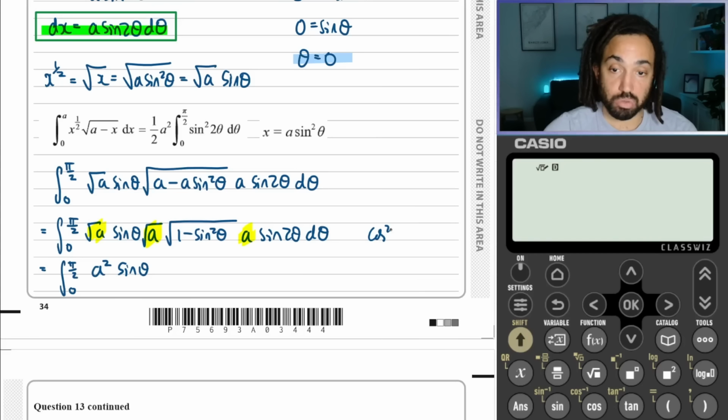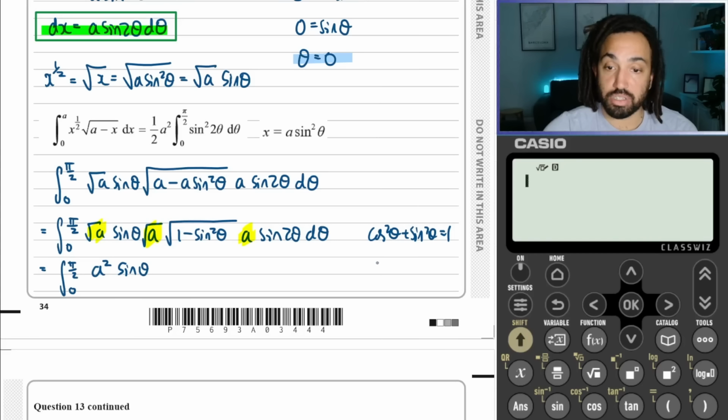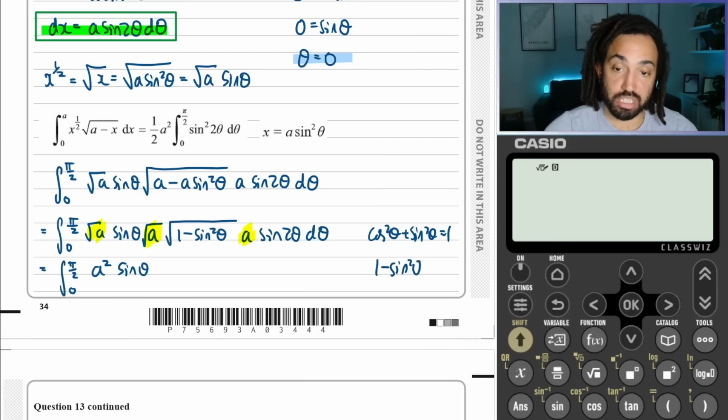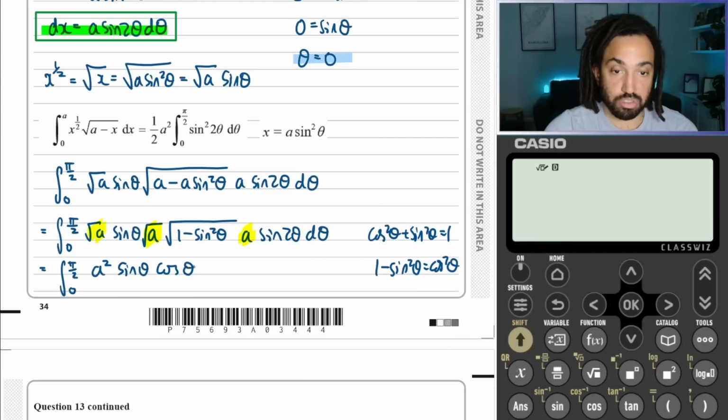Well, we know that cos squared theta plus sine squared theta is equal to 1, so 1 minus sine squared theta is equal to cos squared theta. So if this is cos squared under the square root, if we square root it, we get cos theta. So that's cos theta, and then we've still got this sine 2 theta d theta.